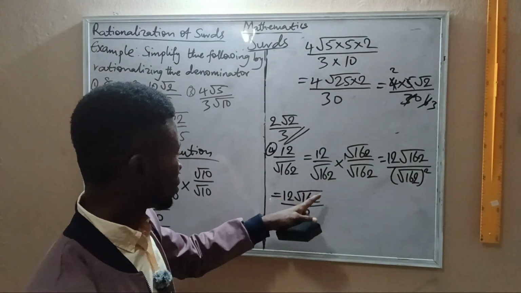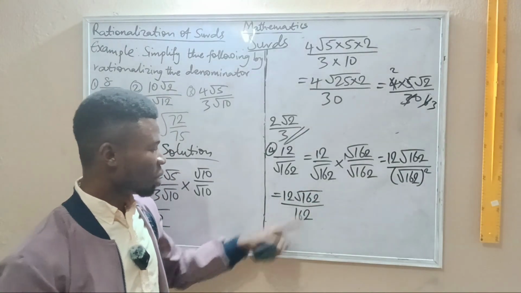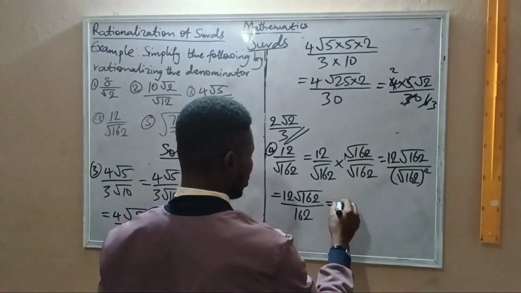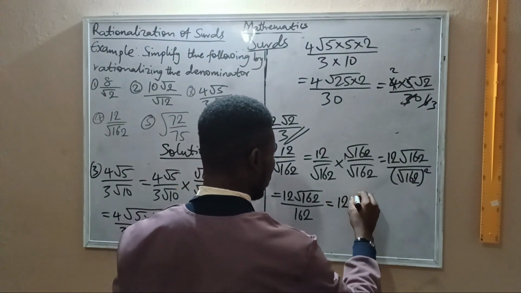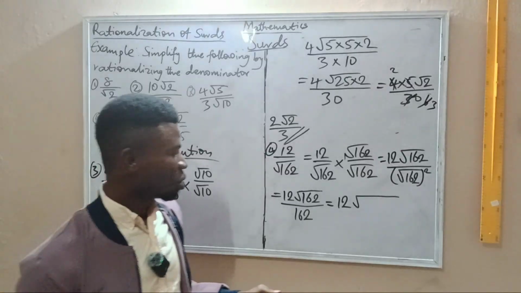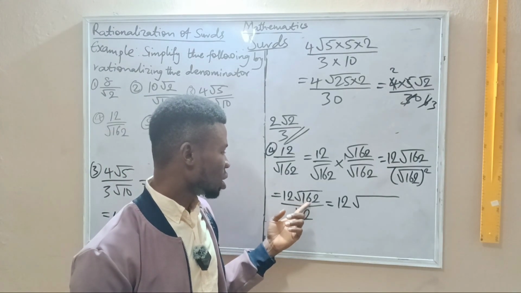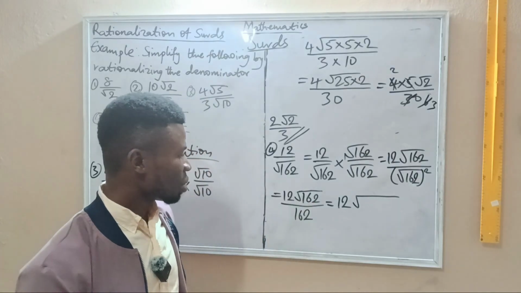Then we need to simplify this one because it can be simplified further, the one under the root sign. This is 12 sod. Now let's try using 2 to divide first, like we used to do during simplification. 2 going into 162, 2 in 16 is 8, 2 in 2 is 1, that is 81.